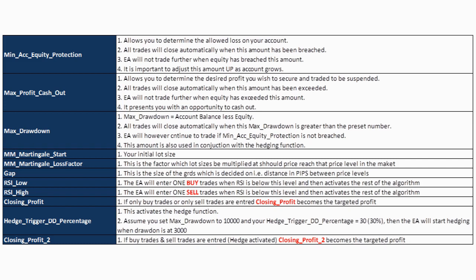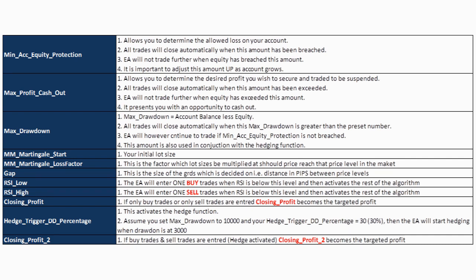It means that when your account has reached $13,000, you are allowing the open trades to be in a deficit of $3,000, which means that if your account balance is 13,000 and you reach an equity of $10,000, all trades will close out automatically.